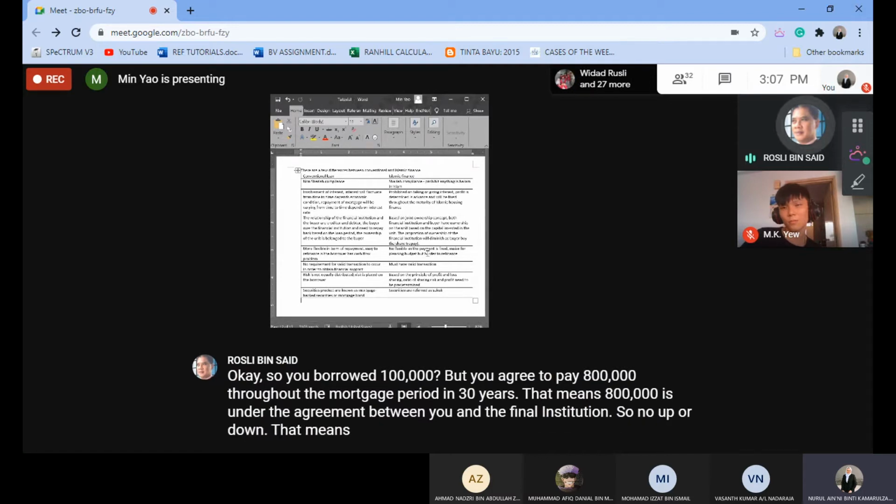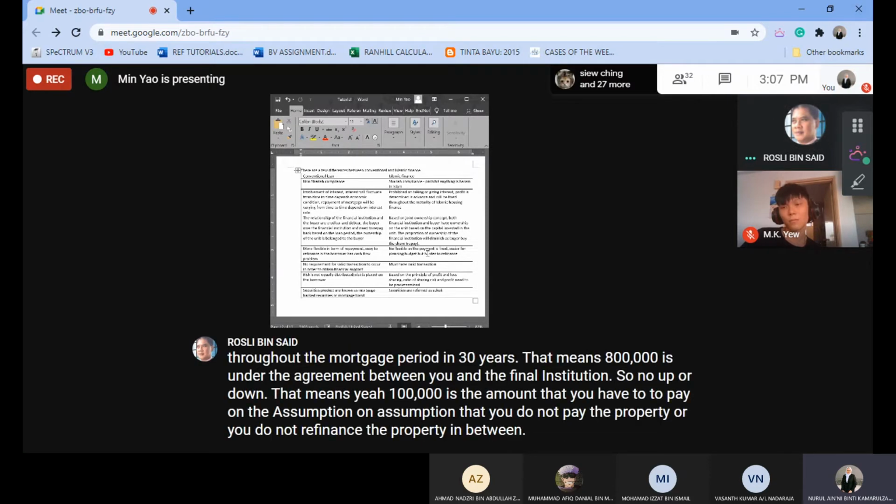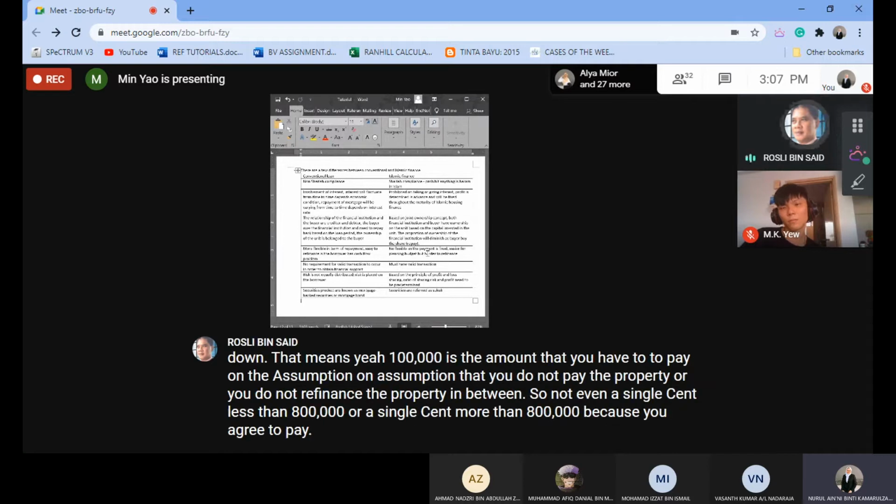That means 800,000 is the amount that you have to pay on the assumption that you do not settle the property or refinance the property in between. So not even a single cent less than 800,000 or a single cent more than 800,000, because you agree to pay over a 30-year period for 800,000. You see what I mean?